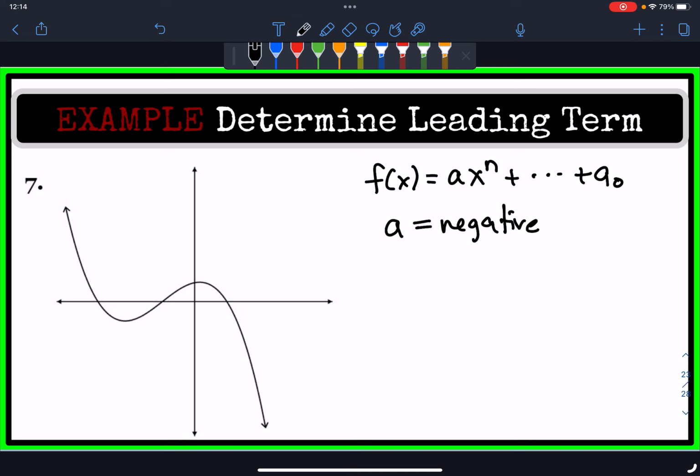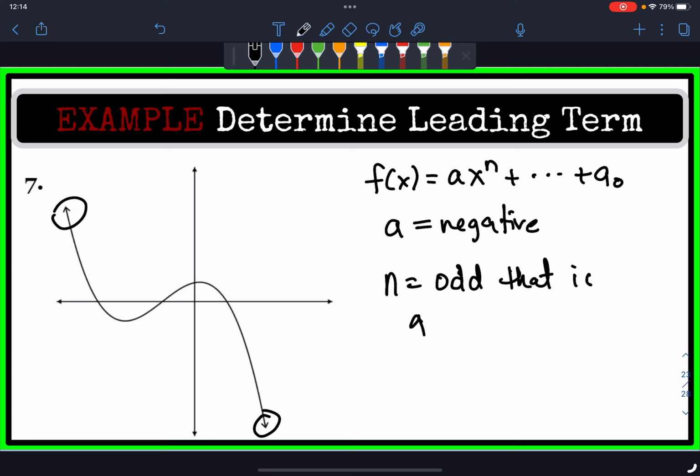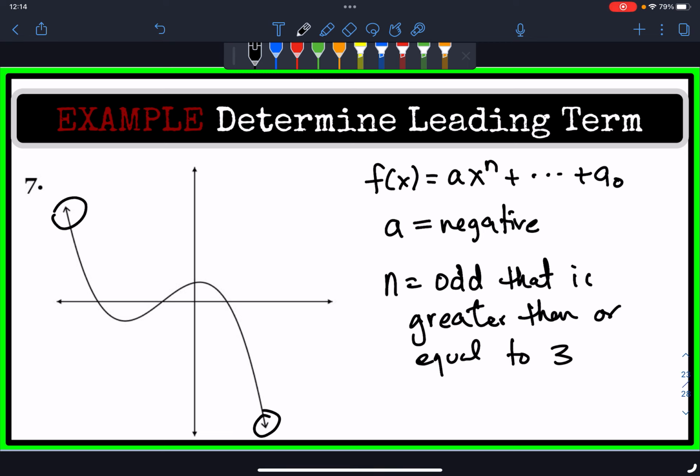And the exponent is going to be an odd number again because the two ends are pointing in opposite directions, that is greater than or equal to 3. And I know it's 3 because since it turns 2 times, it has 2 turning points. 2 plus 1 is 3.